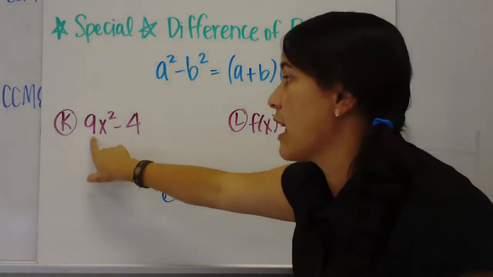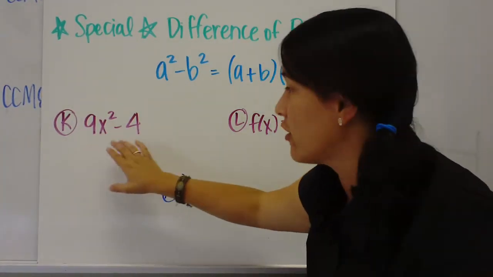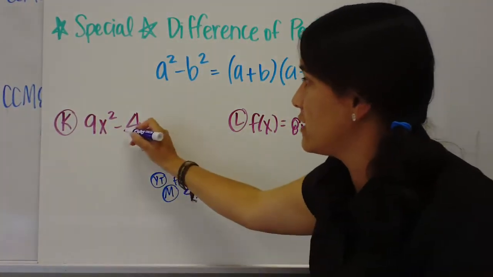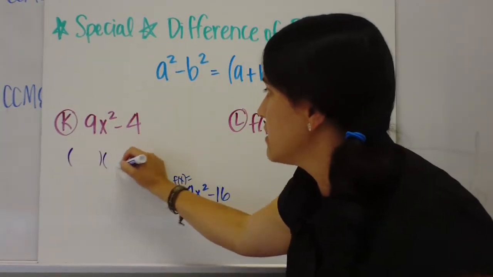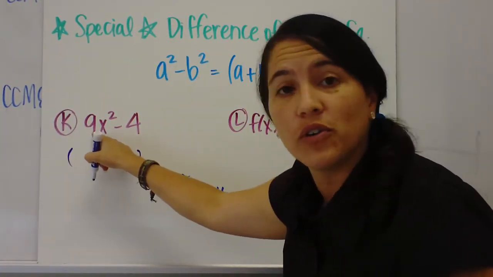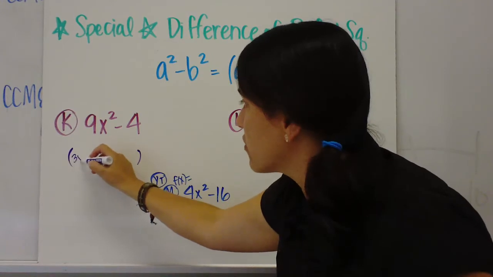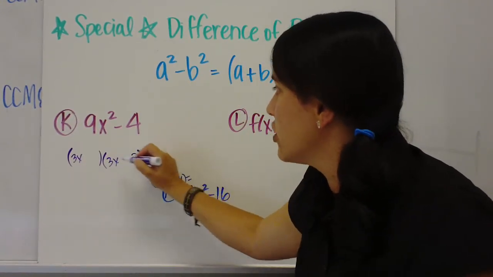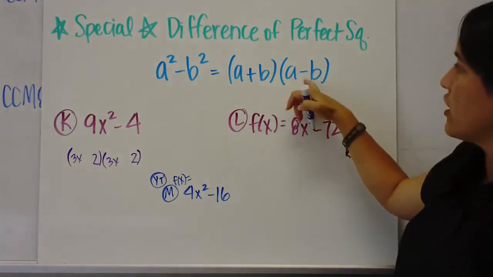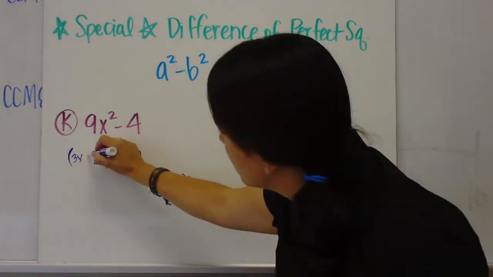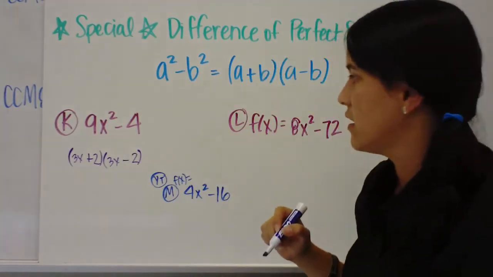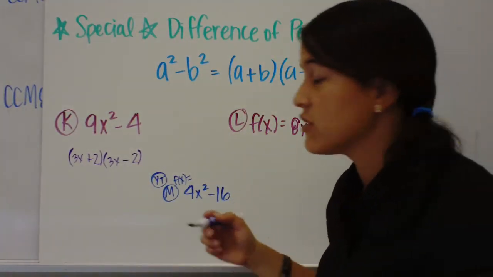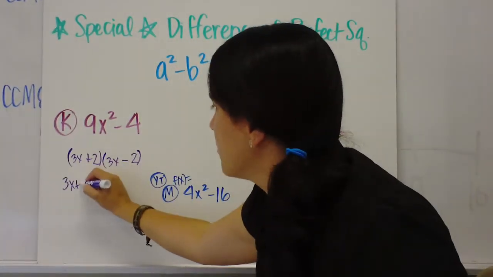So here we go. This is a perfect square, 9x squared, and a perfect square of 4, and a difference. So that means the square root of 9x squared is going to be 3x, and then the square root of 4 is 2, and like the rule over here says, you have one positive and one negative. To solve this, you would still let them equal 0.